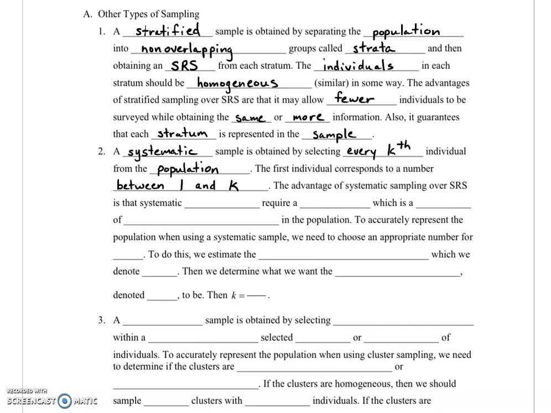So the advantage of systematic sampling over the simple random sample is that systematic sampling does not require a frame. And all a frame is a list of every individual in the population.